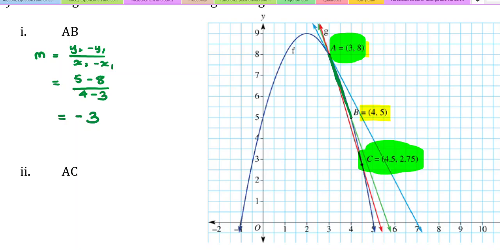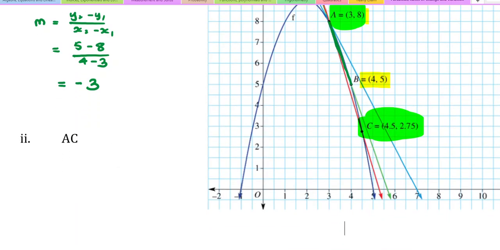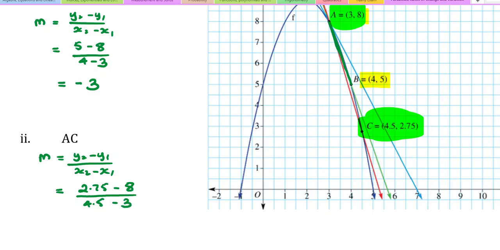Using the same formula, we are going to do M equals y2 take y1 over x2 take x1. We are going to sub in 2.75 minus 8 over 4.5 minus 3. That equals -3.5.